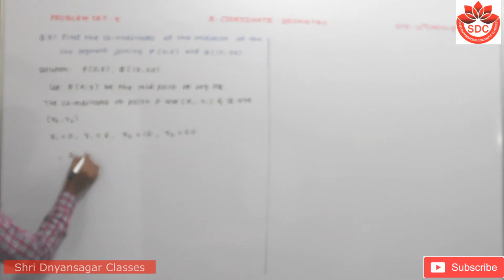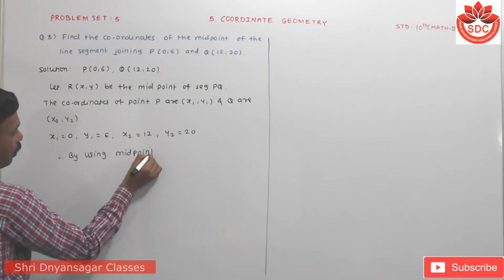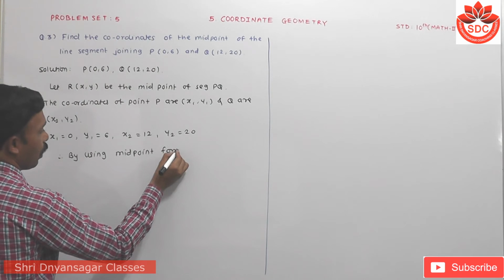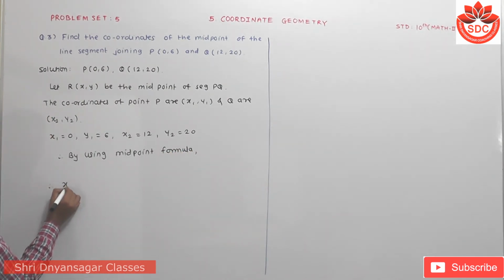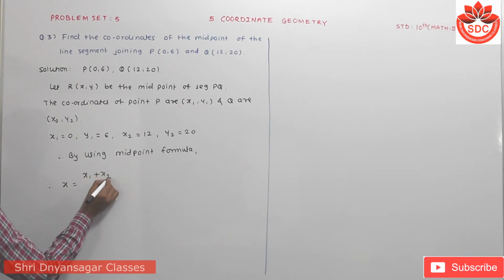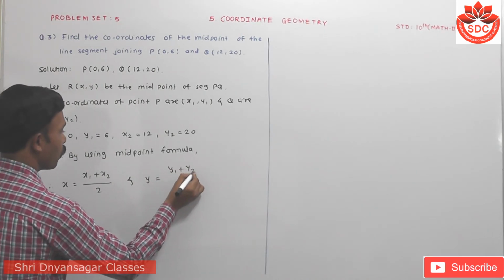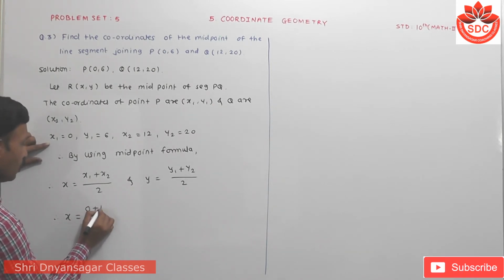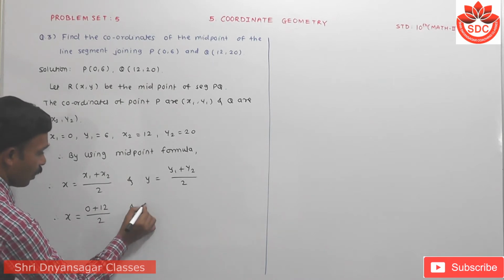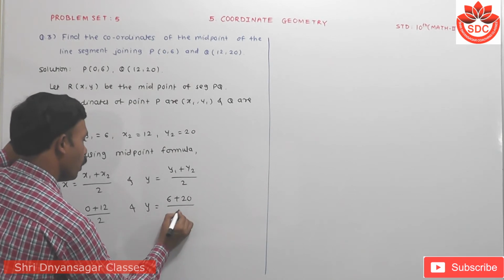Therefore, by using the midpoint formula, the midpoint is: x is equal to x1 plus x2 upon 2 and y is equal to y1 plus y2 upon 2. Student, when we substitute the values, x is equal to x1 which is 0 plus x2 which is 12 upon 2 and y is equal to y1 which is 6 plus 20 upon 2.